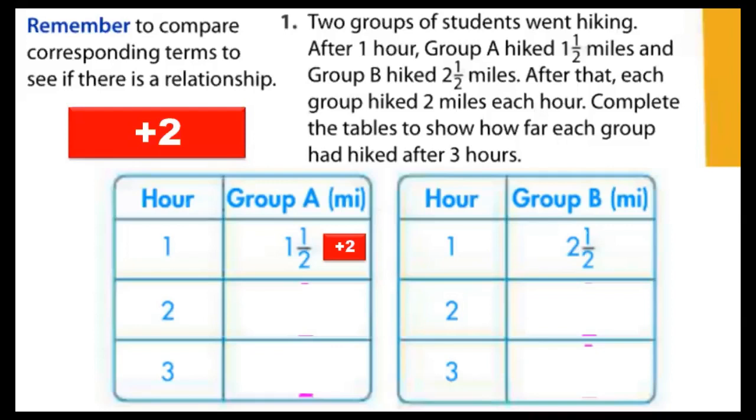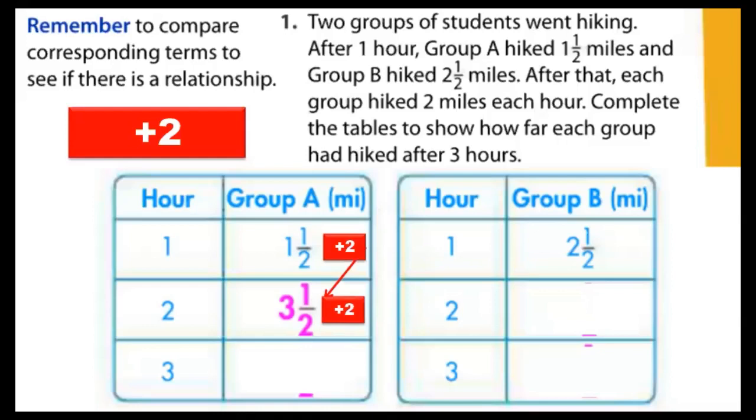to get the next distance in the next hour. Okay, 1.5 plus 2, as you see in front of you, will be 3.5. So the distance they hiked in the second hour will be 3.5.